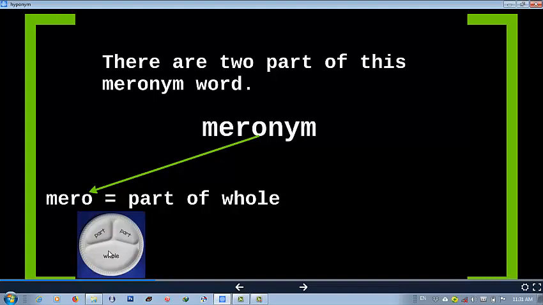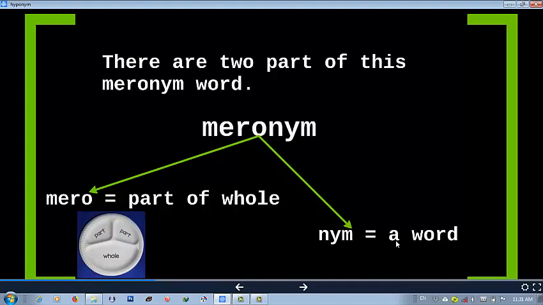In linguistics, the word for a part of the whole is meronym. The meronym word is divided into two parts: mero, meaning part of the whole, and name, which I have introduced many times in my videos. Name means the words, and combined together it became meronym, a word that came from the Greek language.